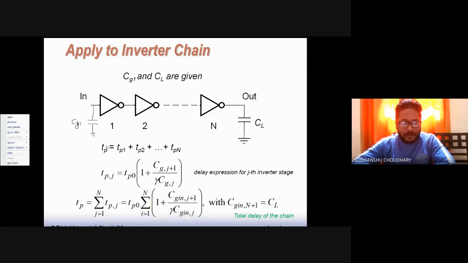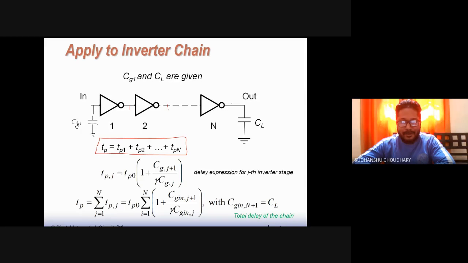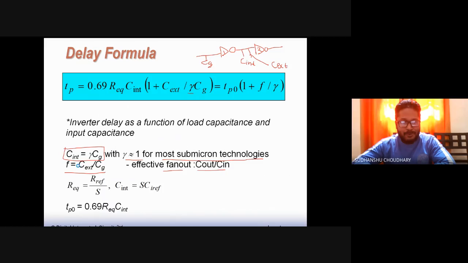The total delay of this chain can be given by adding the delay of each stage. So delay at this point, delay at this point, and maybe delay at this point. We add up all these delays, and we can find the total delay through this chain. One stage delay, that is TP1, for example, could be given by using this relation. So let us apply the same equation here to this circuit.